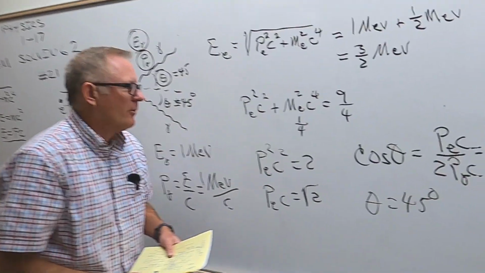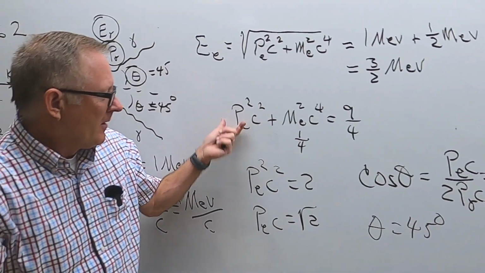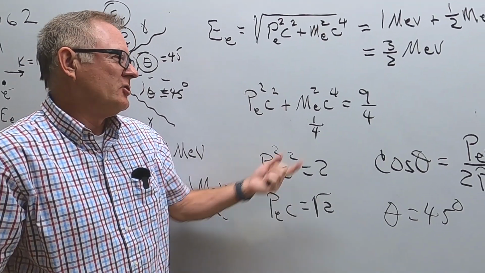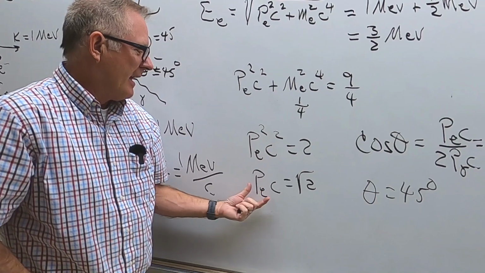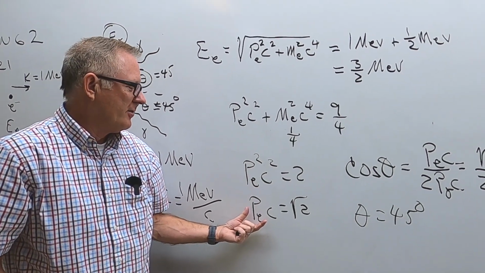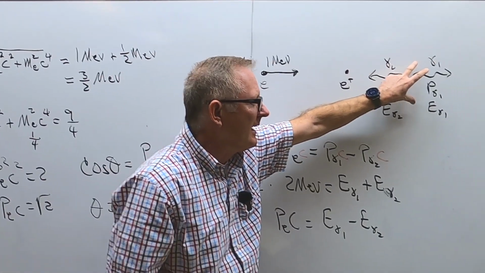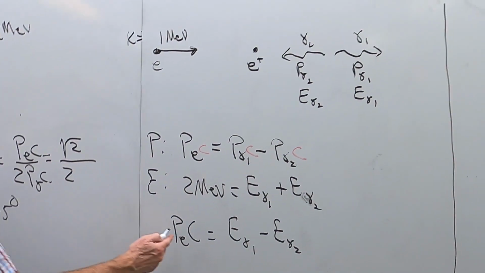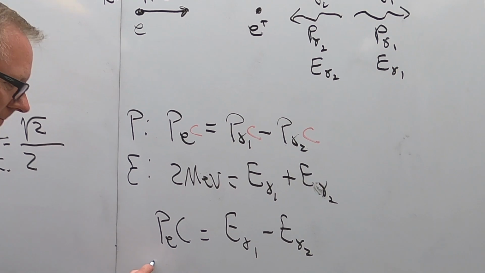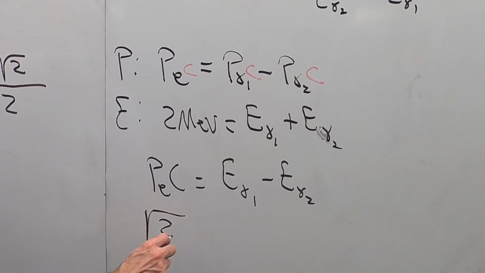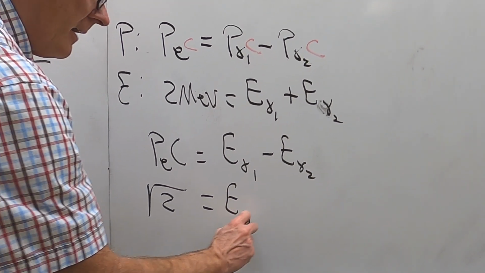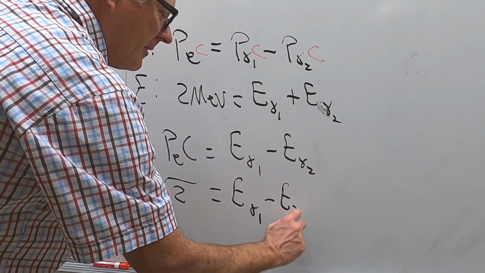P_e c is exactly what it was before. We haven't changed what's coming in initially. It's just the square root of 2. The only thing we're changing is what's happening over on this side. So we got the square root of 2 equals E gamma 1 minus E gamma 2.